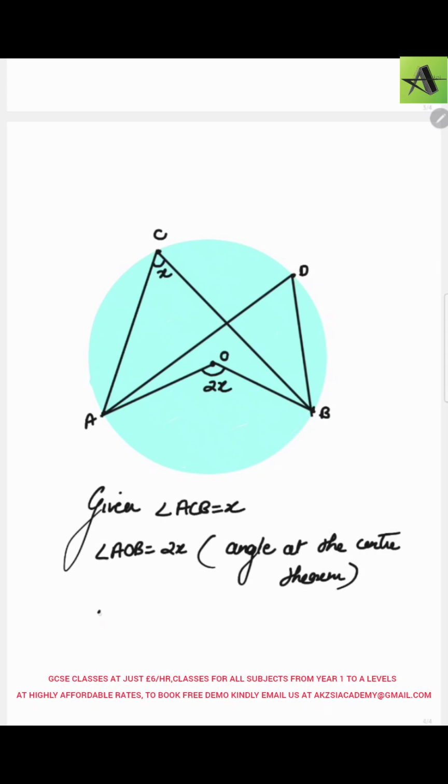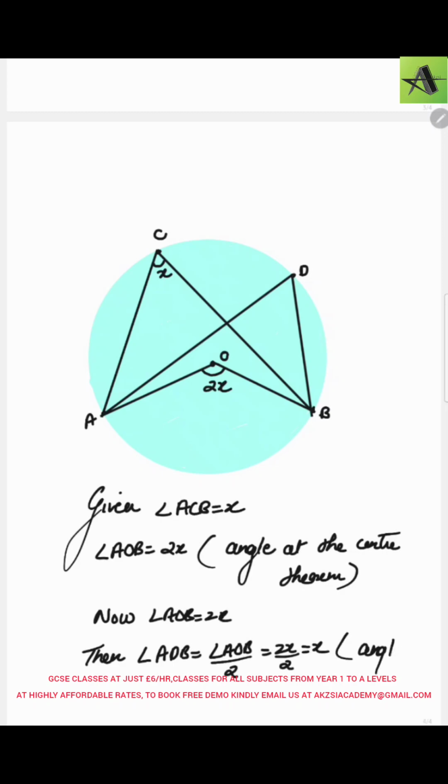Then this will obviously be half of it by the same circle theorem. So angle ADB is equal to half of angle AOB, which is half of 2x, that is x, by angle at center theorem.